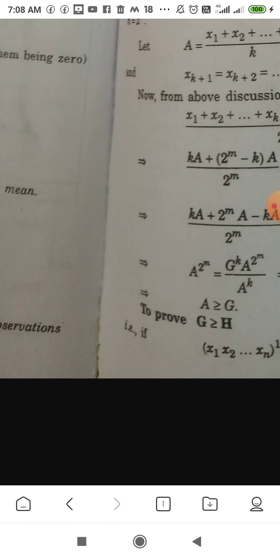These are the properties of the means. The first property is AH is equal to G square, which is a relation among the 3 means, that is arithmetic mean, geometric mean and harmonic mean. The second relation is A greater than G greater than H. These are the properties of the harmonic mean.